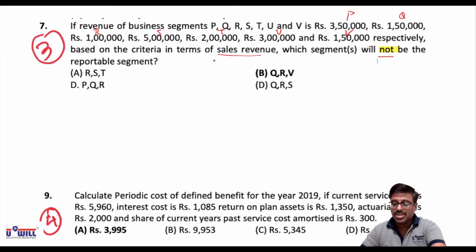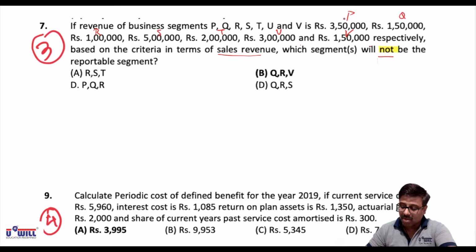The condition is whichever segments have at least 10% of segment revenue should be reported. So here we will not make workings counting each and every segment's percentage. Simple thing is you just count the total of all the segments' revenue: 3,50,000 plus 1,50,000 plus 1 lakh plus 5 lakhs plus 2 lakhs plus 3 lakhs plus 1,50,000.